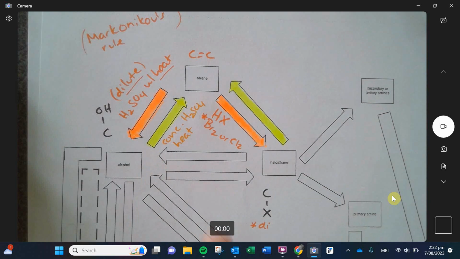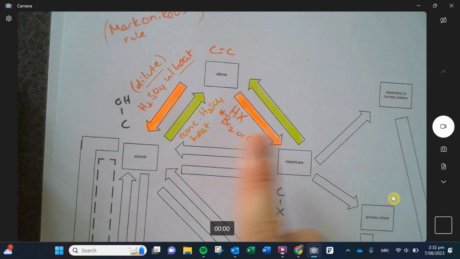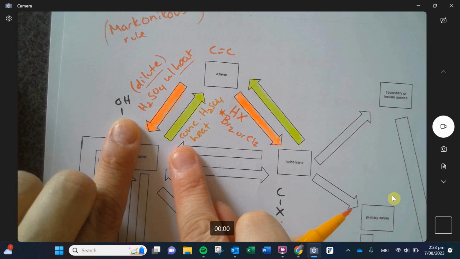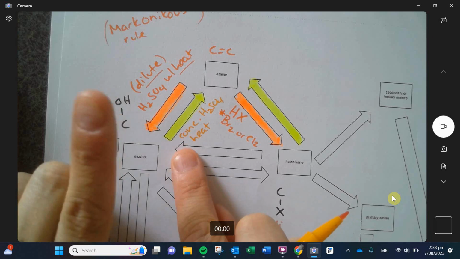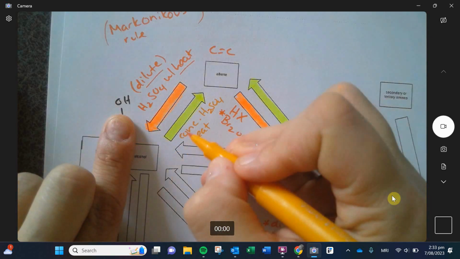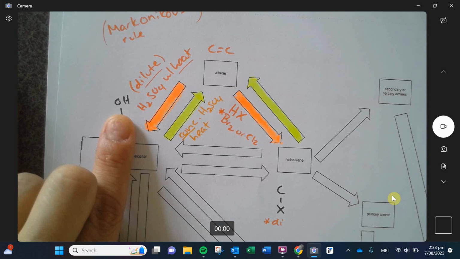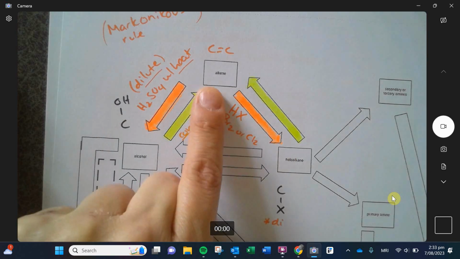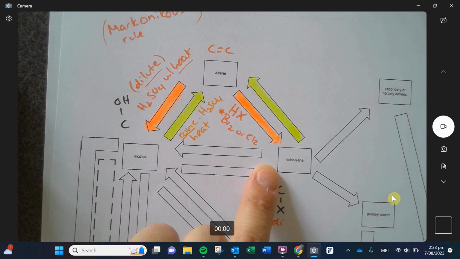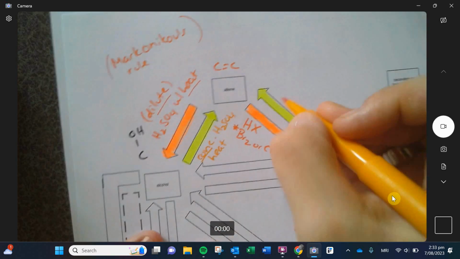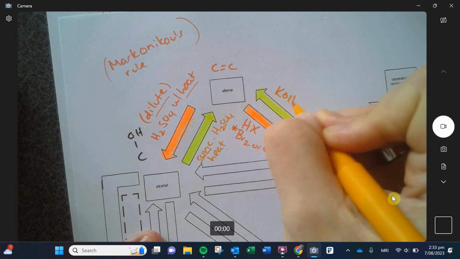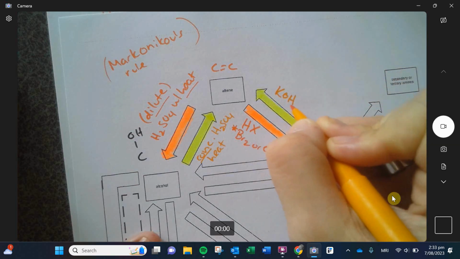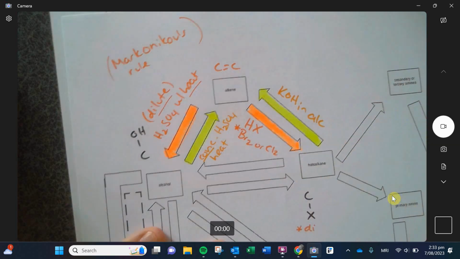So again, we can see both of these are requiring sulfuric acid, but one of them is concentrated, one of them is dilute. So we do need to keep track of this information. Concentrated. The other thing I have is haloalkane going to alkene. If I wanted to do that, I would need something like potassium hydroxide in alcohol. So I'm going to write.